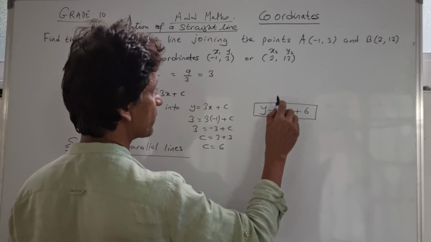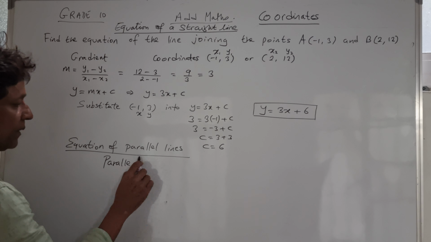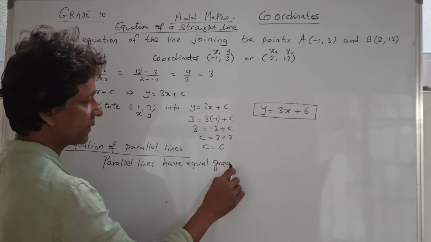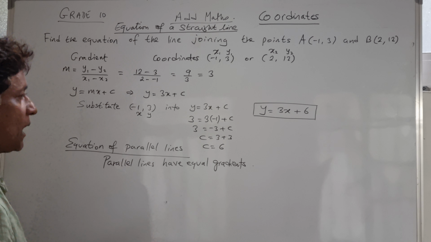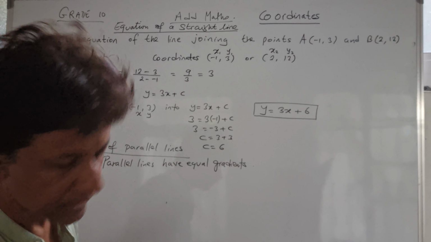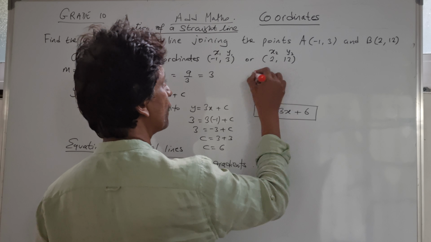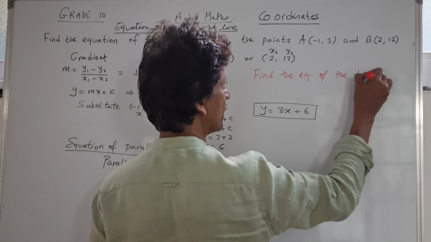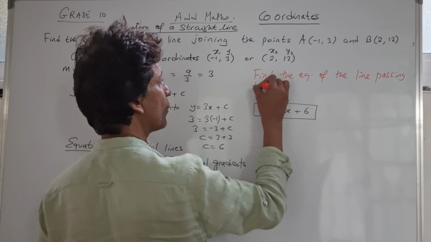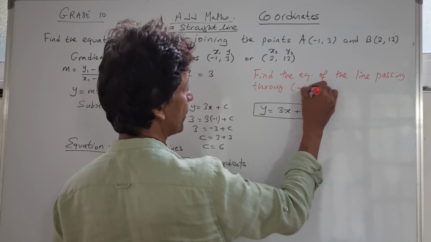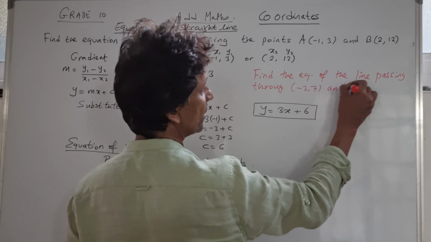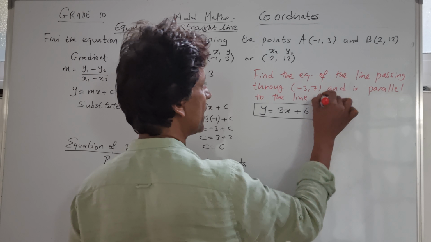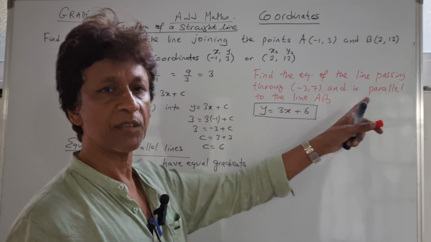Now remember, parallel lines have equal gradients. So if I want to find the equation of a line parallel to this line, let me just put it over here: find the equation of the line passing through, let's say, minus 3, 7, and is parallel to the line AB.